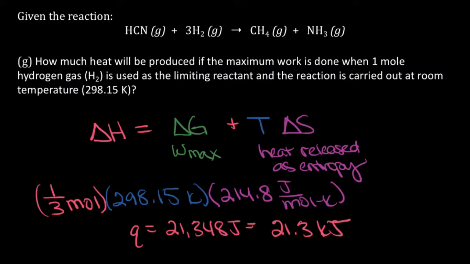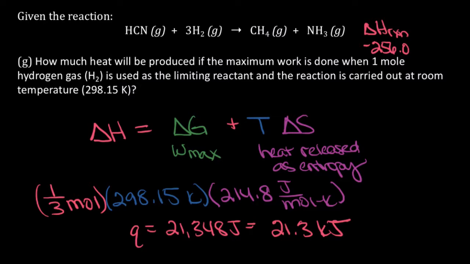So when we originally did our enthalpy calculation, we found that delta H for the reaction was negative 256.0 kilojoules. But this question here was talking about 1/3 of that because we're using 1 mole of hydrogen instead of 3.